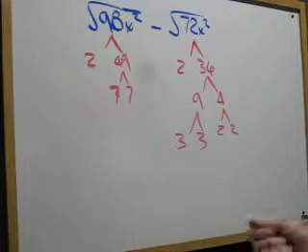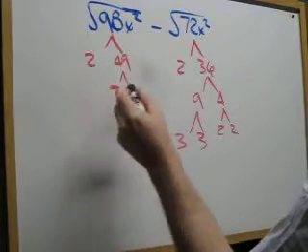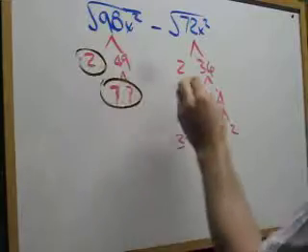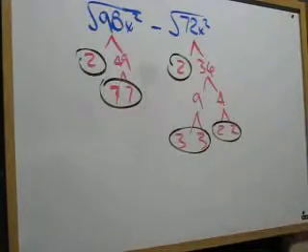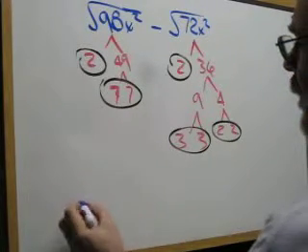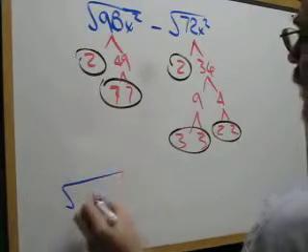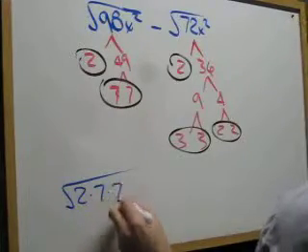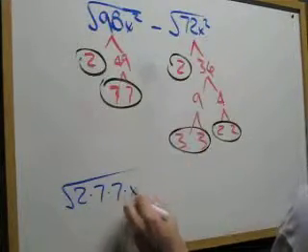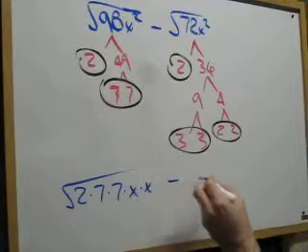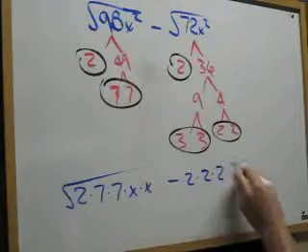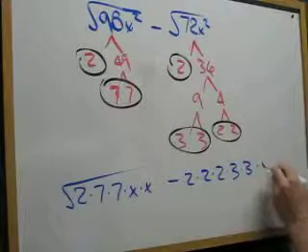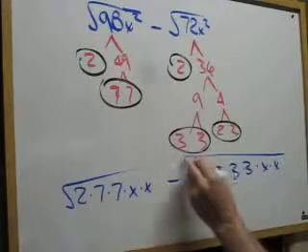Which gives us as our prime factors these two 7's, a 2, and so on. Which gives us the square root of 2 times 7 times 7, and there are x's there, minus 2 times 2 times 2 times 3 times 3 times x, and that's all in a radical sign.